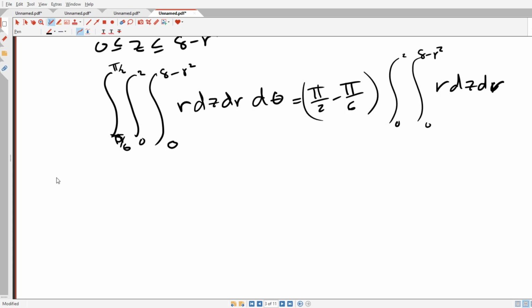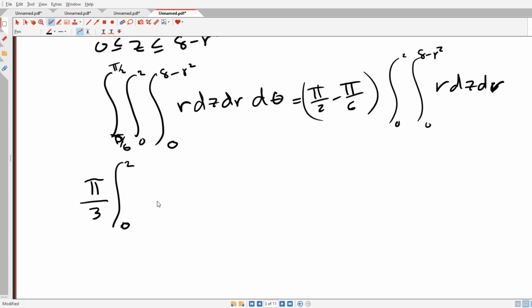Pi over 2 minus pi over 6, that's 2 pi over 6, which is just pi over 3. Of course that's pi over 3. Times the integral from 0 to 2.